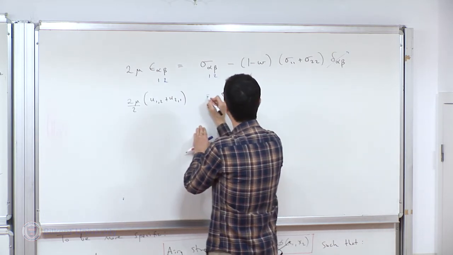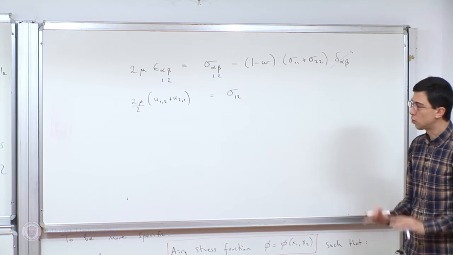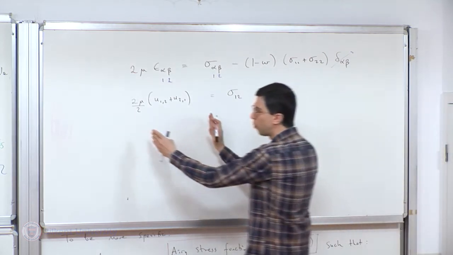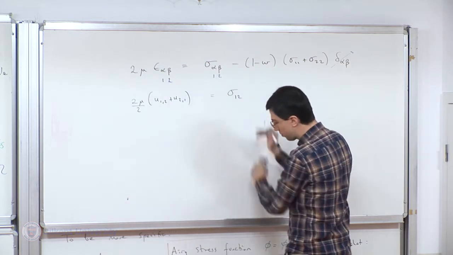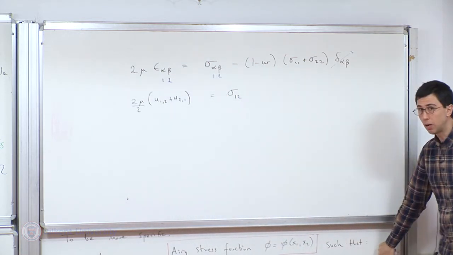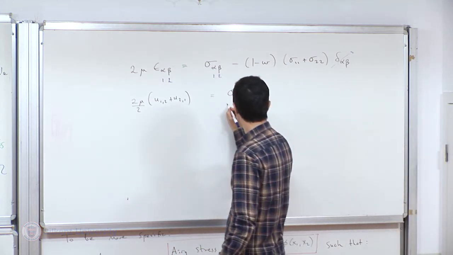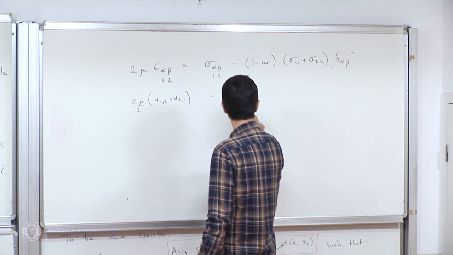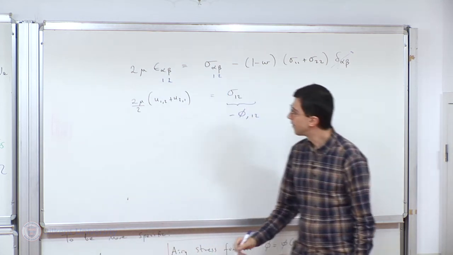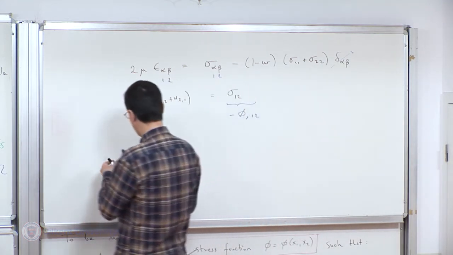And on the right-hand side, I have sigma 1, 2. Okay. So now I have two requirements. I propose a form for the displacement, and I have a requirement for sigma 1, 2. I'll plug in both of them in there. So for sigma 1, 2, what I want is that it is of the form minus phi, comma 1, 2.